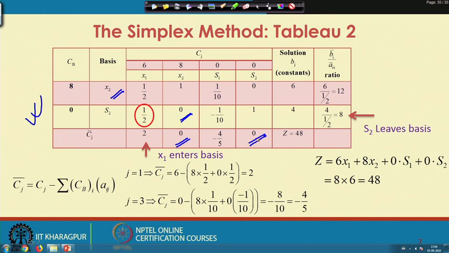So, let us first find out for x1. So, that is column 1. So, j equal to 1. So, Cj bar equal to Cj minus sigma Cbi Aij. So, let us look at column 1.